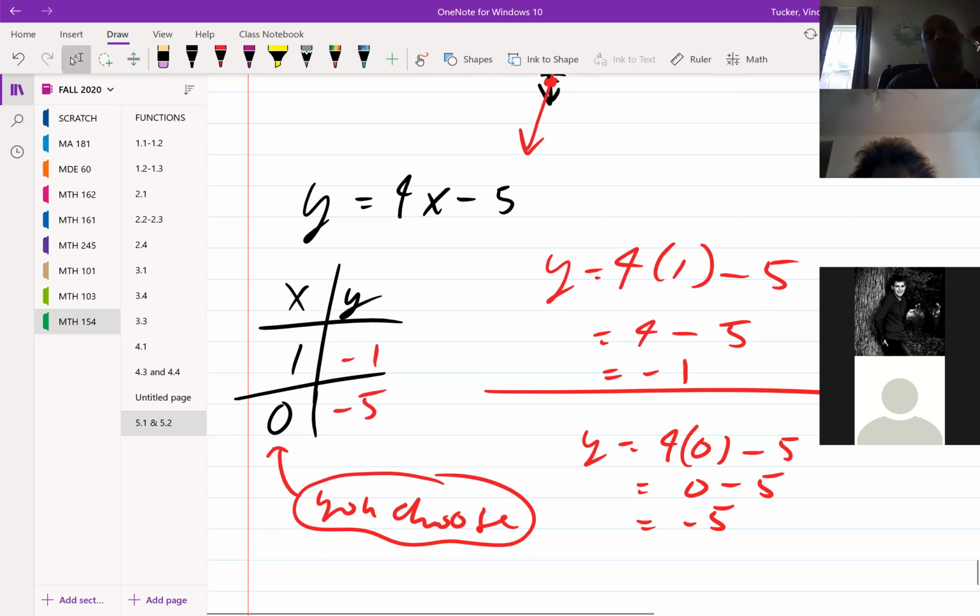So I chose 0 and 1, plugged in 1 for X. 4 times 1 is 4. 4 minus 5 is -1. So when x is 1, y is -1.